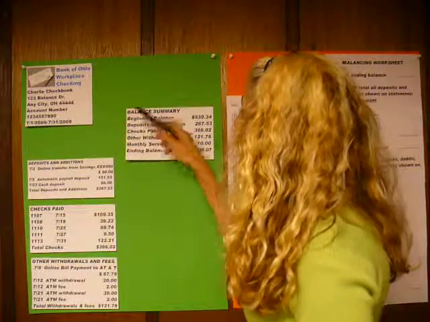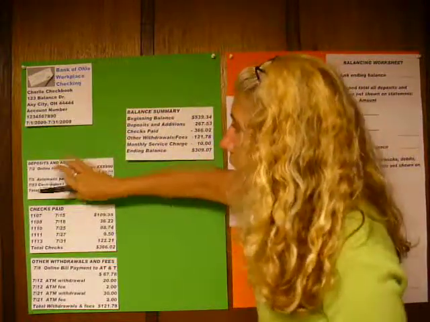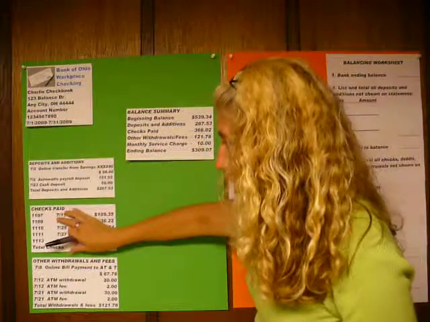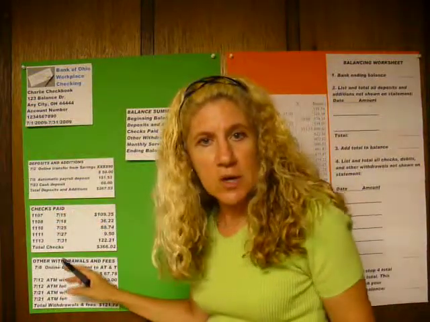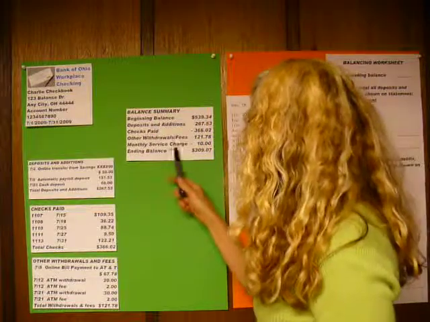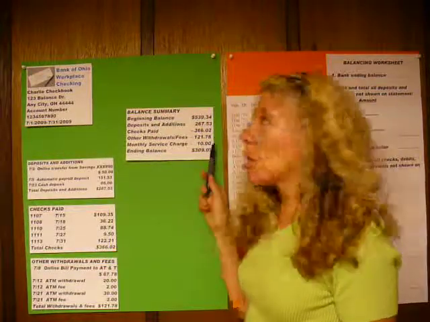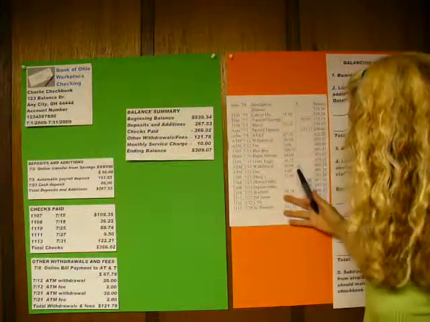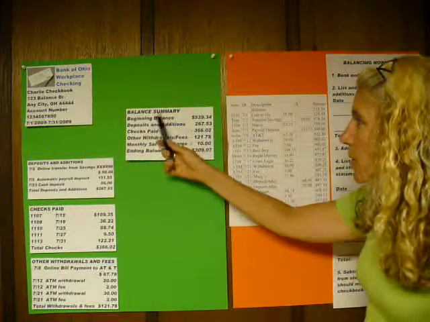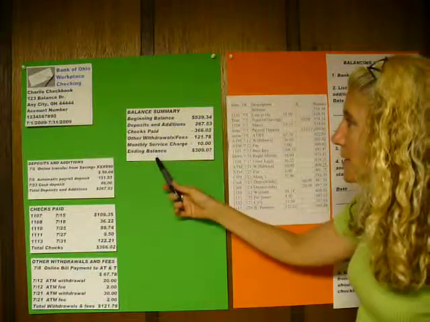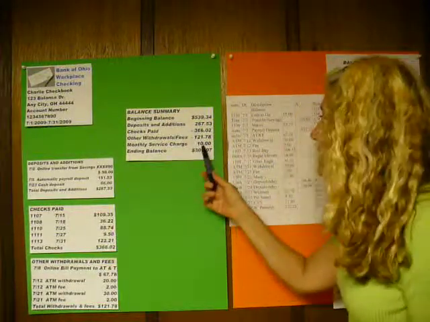So we already know that the balance summary is here, any deposits and additions, checks that are paid, any other withdrawals are here, and over here we see our service charge from the bank. So here's our check register. First thing we want to do when we see our balance summary is to see what our service charge is and add that in.